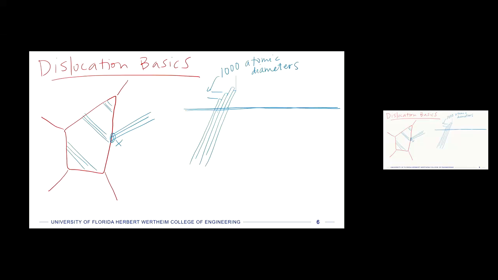Very hard to see in microscopes of the 1930s. But if you got up to 1,000 atomic diameters, right, that's 100 nanometers, 0.1 microns. That's kind of the resolution that people could look at. And so that would be how far they slip. And the thickness of the bands is something like 100 atomic diameters. And so this is kind of just characteristically how these things look. This is how they come out.